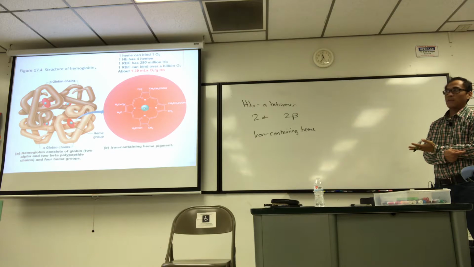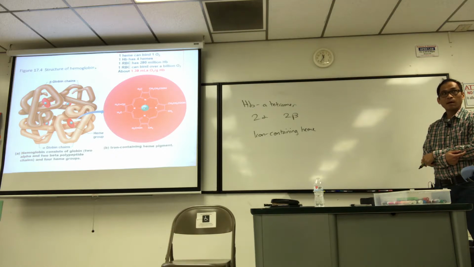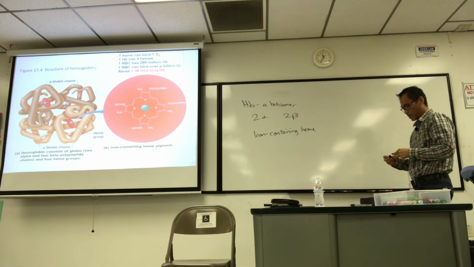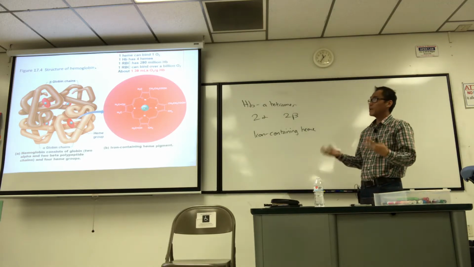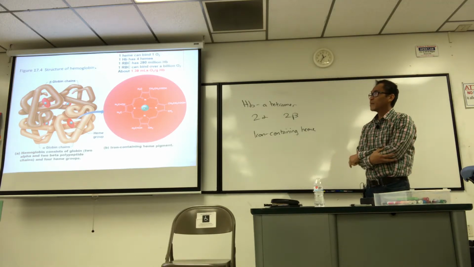So, how many molecules of O2 can one molecule of hemoglobin bind? 4, right? Now, if you look at the top there, if one RBC has 280 million hemoglobin molecules, that's over 1 billion molecules of O2.